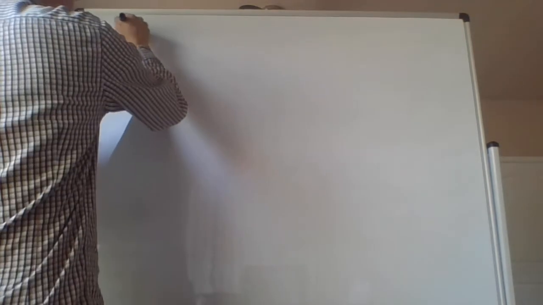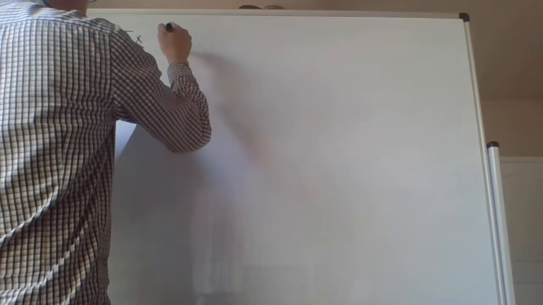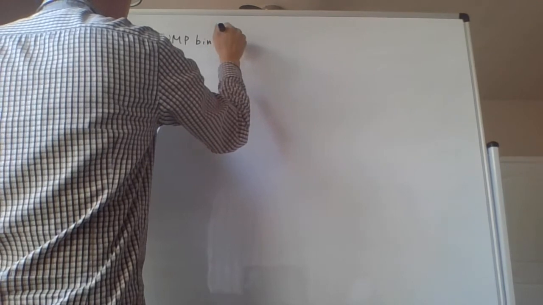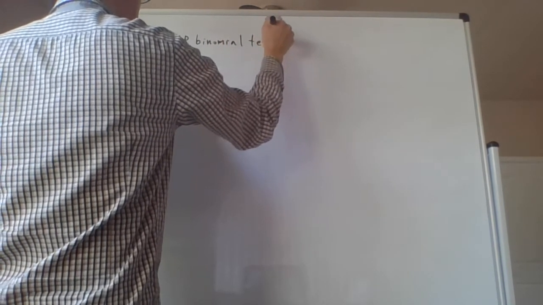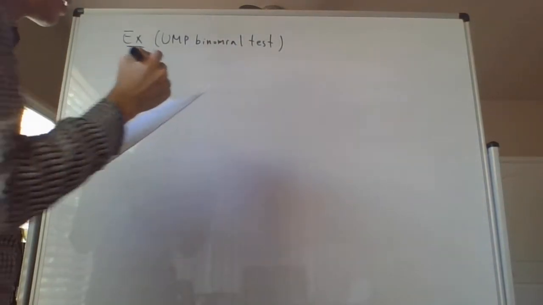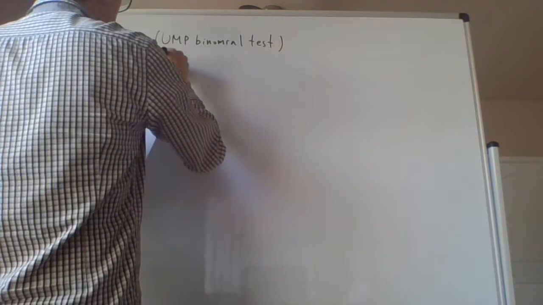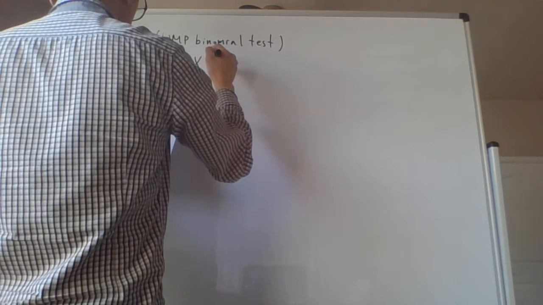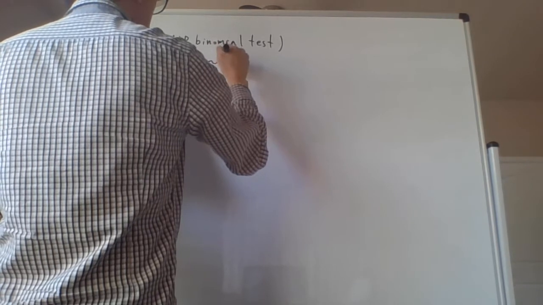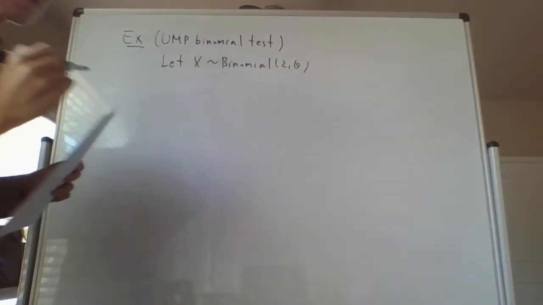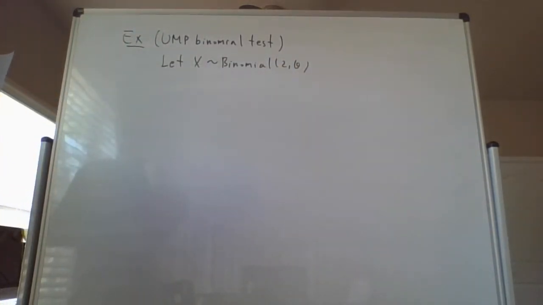Okay, let me give an example. So X follows the binomial distribution with the number of successes equal to 2.